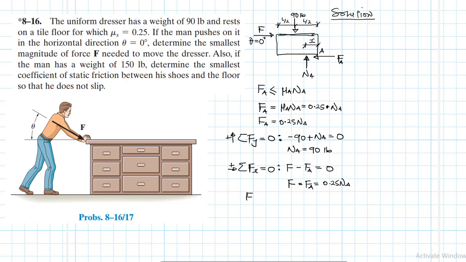Therefore, F is equal to 0.25 times NA, which is 90. So 0.25 by 90 gives us 22.5 pounds.